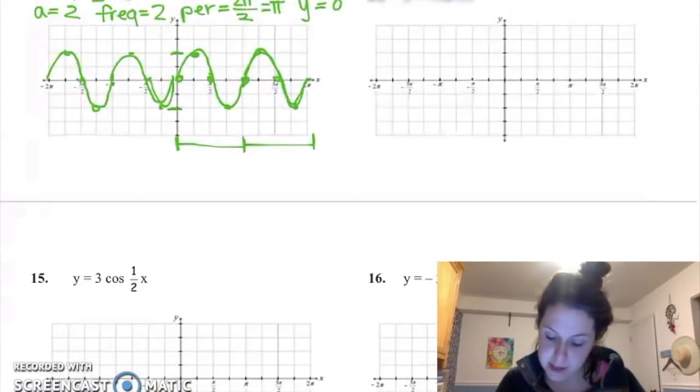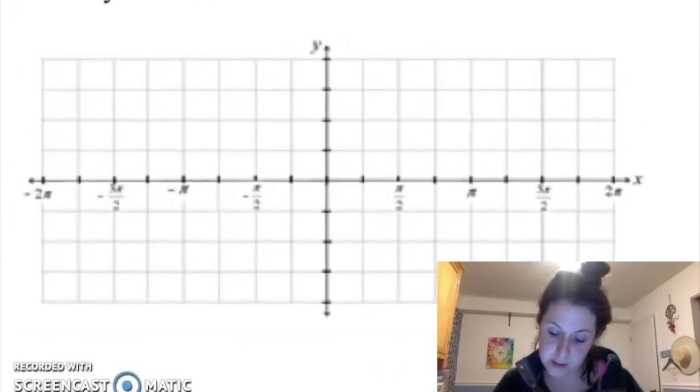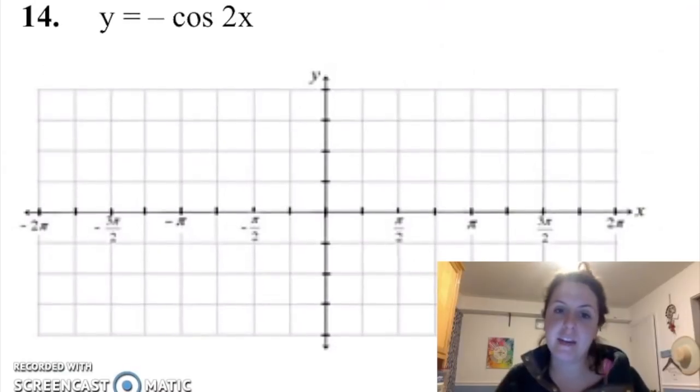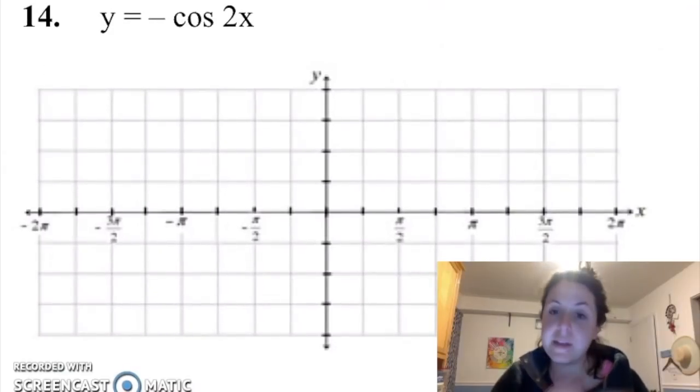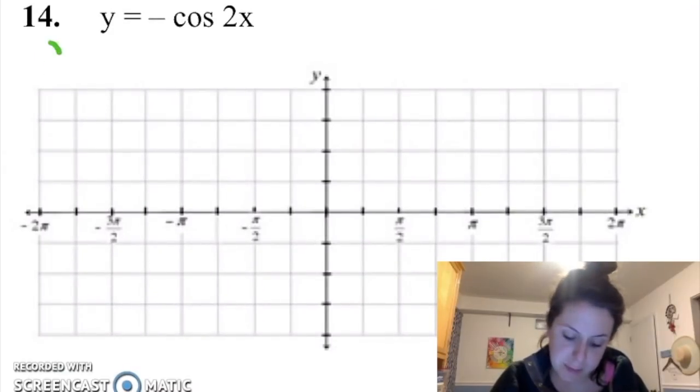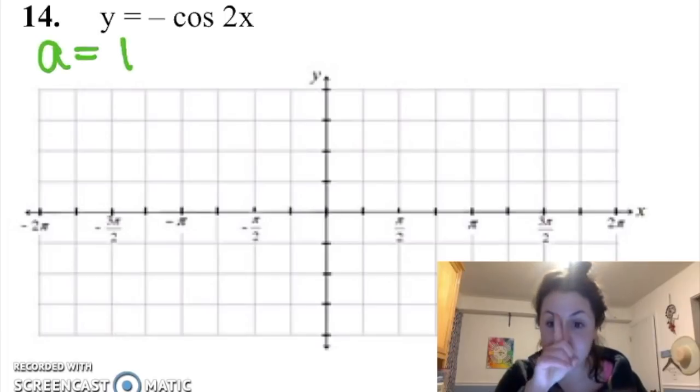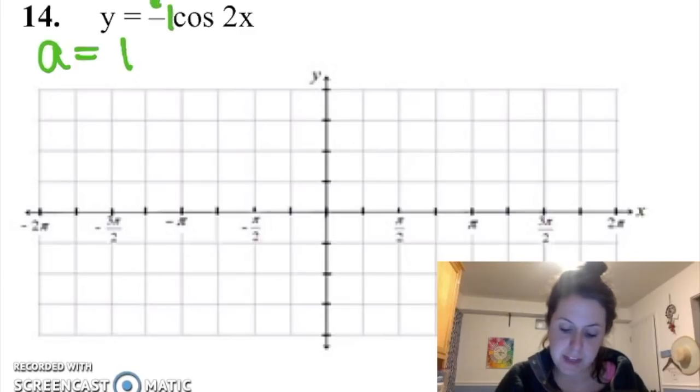So let's look at another one. Let's try this one. So y equals negative cos 2x. So the idea with this is that your amplitude here is still 1 because amplitude is a height, right? This just says it's reflected over the x-axis.